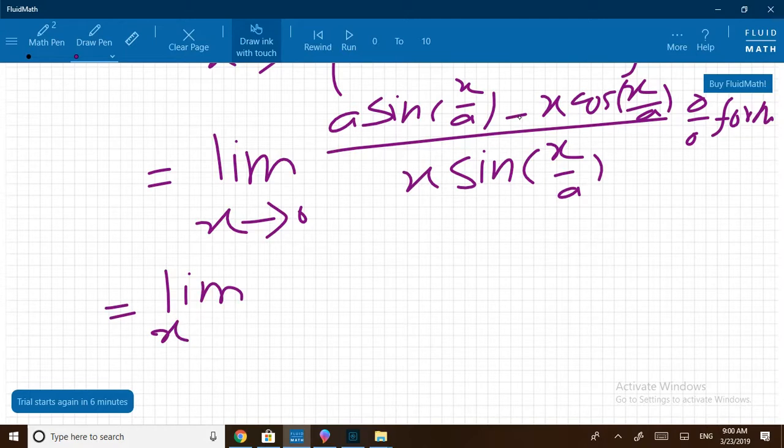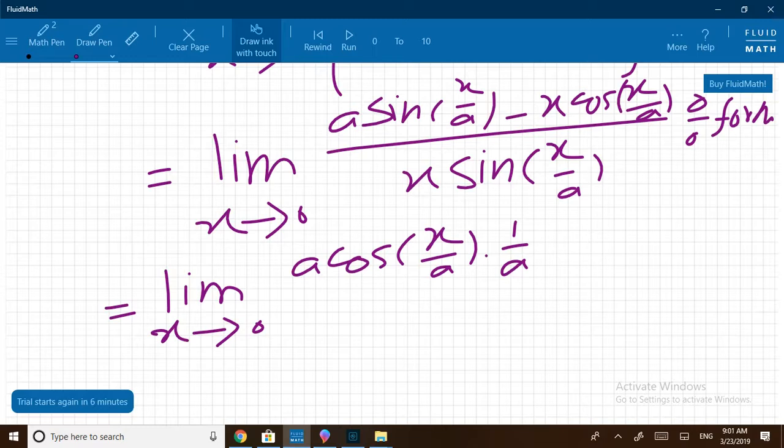The limit as x approaches 0: the derivative of a sin of x by a is a cos of x by a times 1 over a, minus the derivative of x cos of x by a, which is cos of x by a plus x by a sin of x by a.